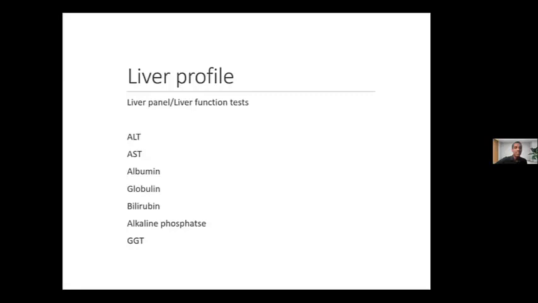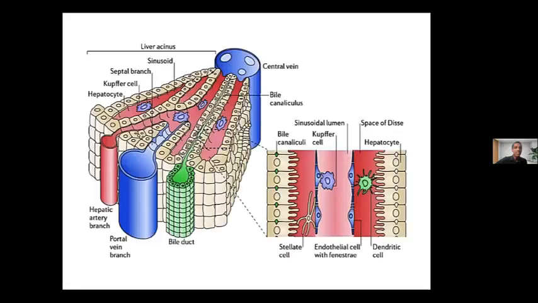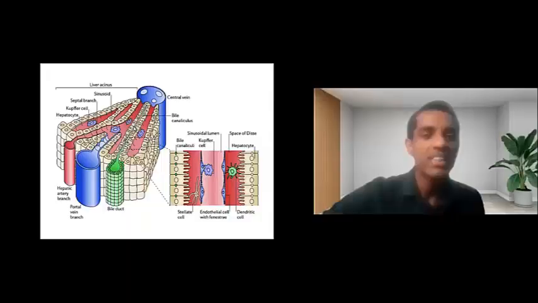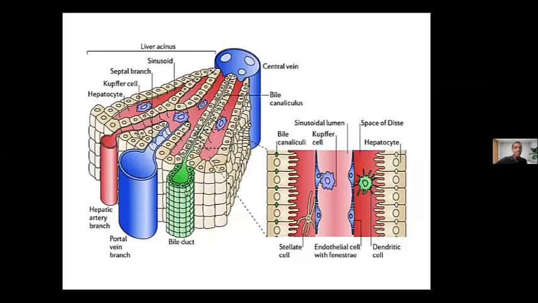So a bit of physiology about the liver parenchyma. These are the hepatocytes in the sinusoidal area. In the hepatocytes, the greenish colored things are the bile duct.